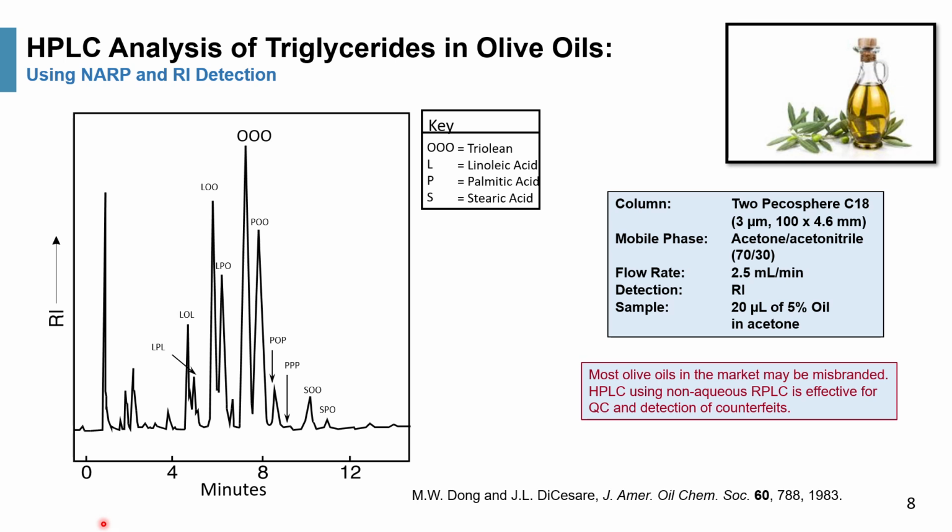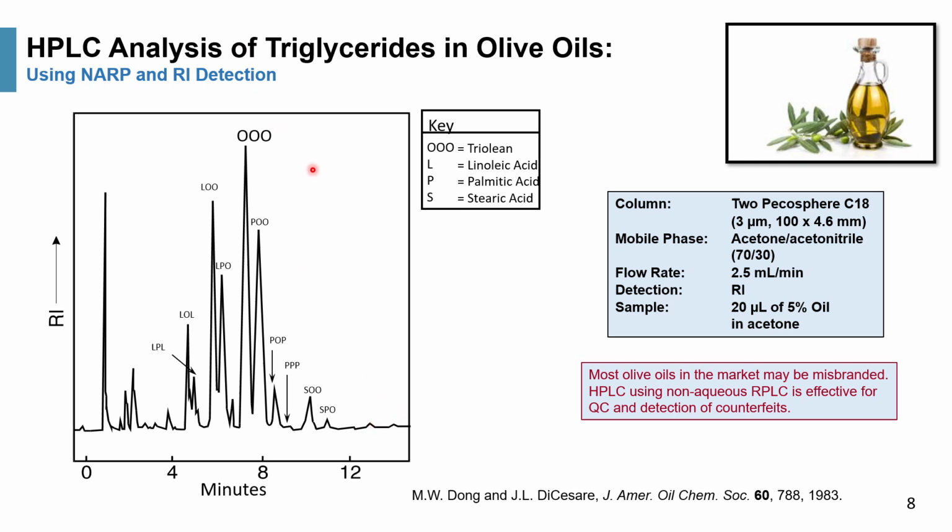This is a very old application published in 1983 in the Journal of the American Oil Chemists' Society, an ACS publication, showing the analysis of triglycerides in olive oil. At that time, it was one of the highest resolutions achieved.